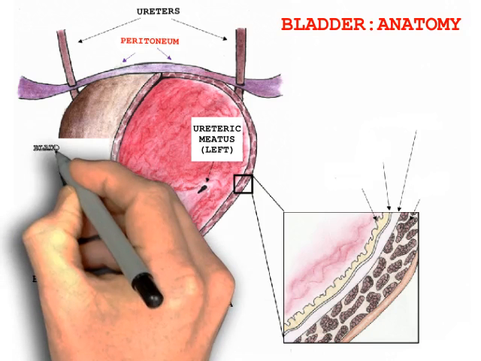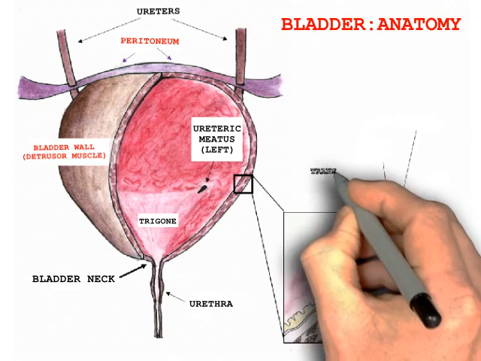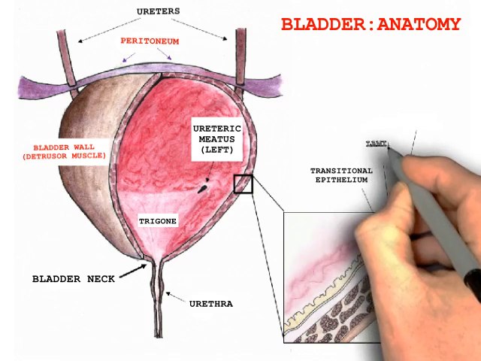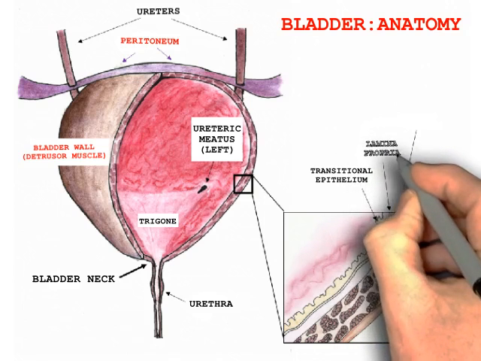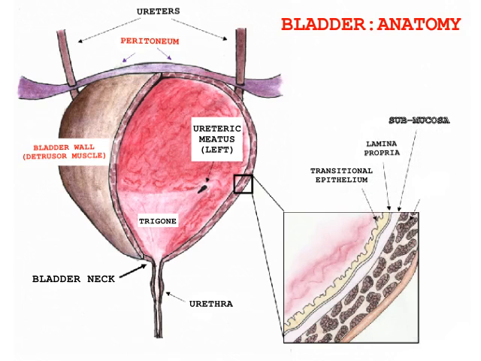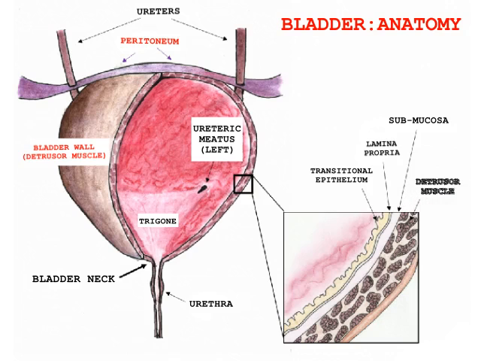The walls are covered by the detrusor muscle. If we take a histological section, we will be able to see the transitional epithelium, the lamina propria, the submucosa, and the muscular wall that is formed by the detrusor muscle. This was a brief introduction to the anatomy of the bladder.